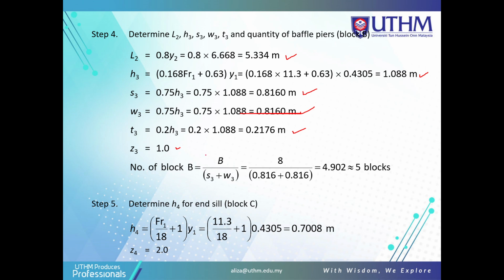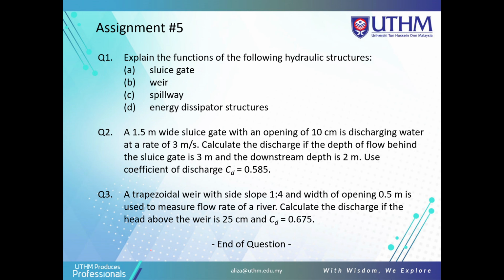For the number of blocks, you just use the B here, and then you get 4.902, which is the same as 5 blocks. Step 5, determine the H4 for the end sill. You get the Z4 is 2 and you get the H4 is 0.7008. For the end sill there is only 1 block, so you just find the H4 and the Z4.